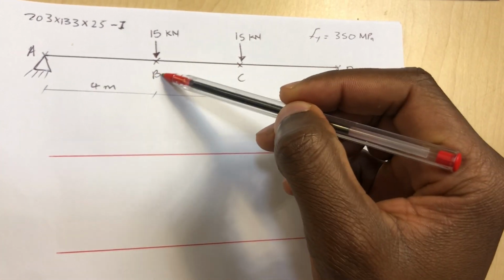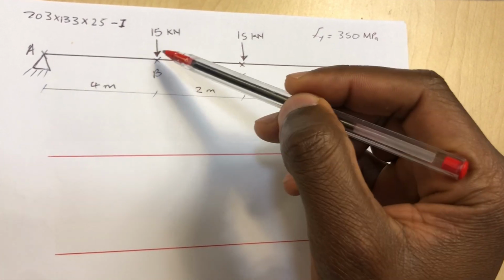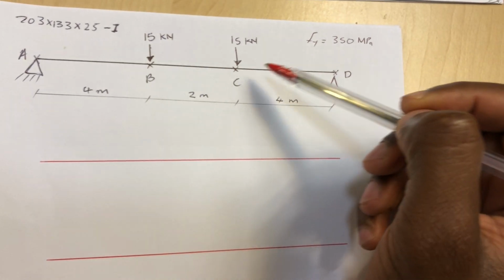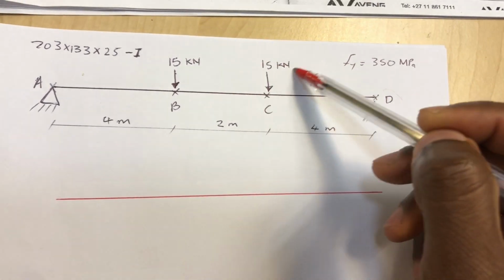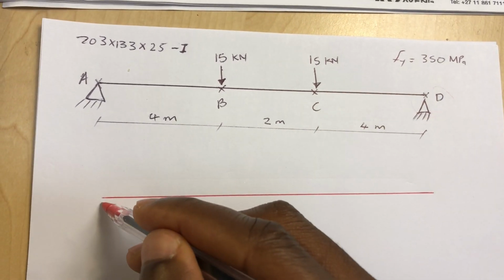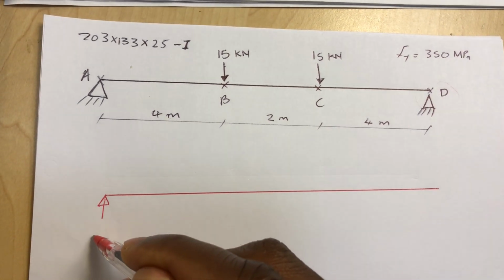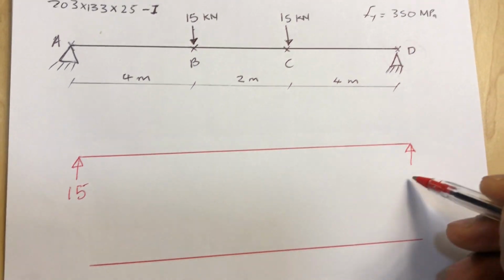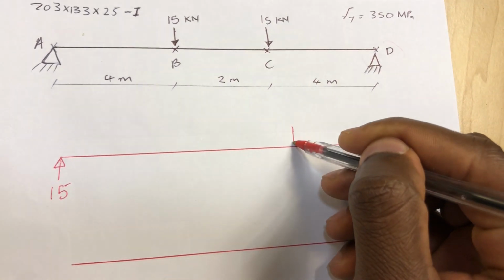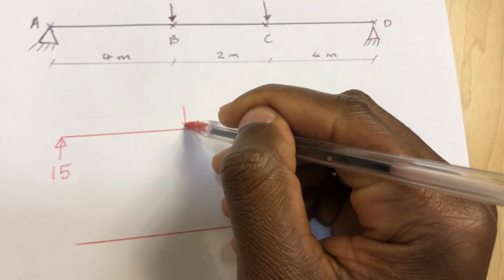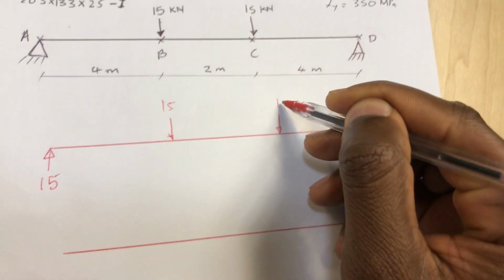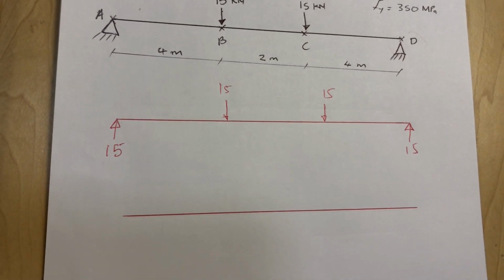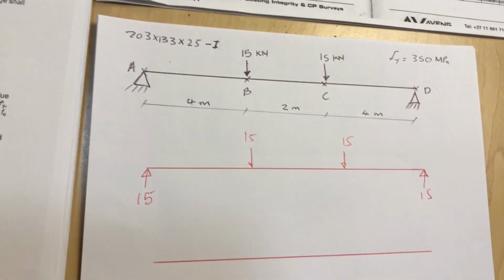So I know A is going to carry 15 kilonewton, and D is going to also carry 15 kilonewton.